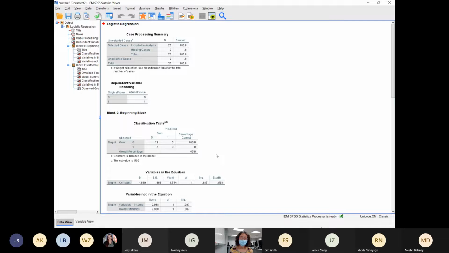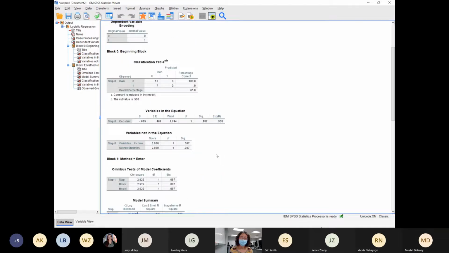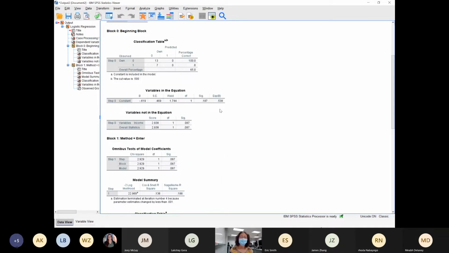And this is the classification table. The variables in equation, we have a constant. The coefficient is negative 0.619. This is just an exponential form for the coefficient beta b.